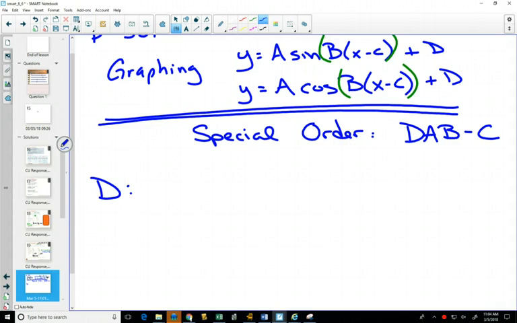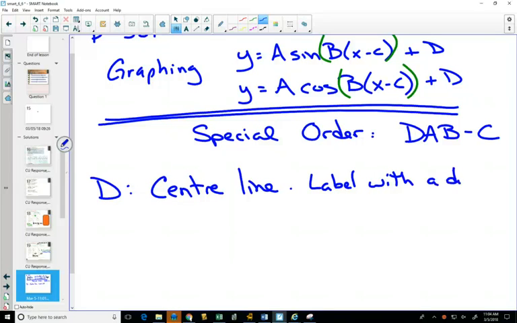We are going to start with our d value, because no matter what the transformations that happen, the d value will always be your center line or sinusoidal axis. So we'll label it with a dotted line.